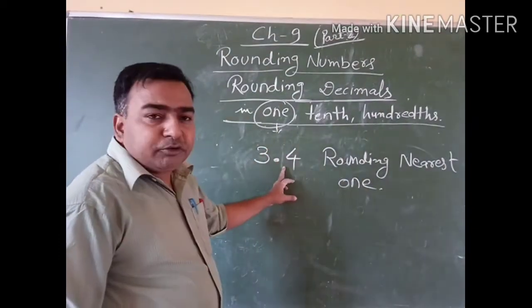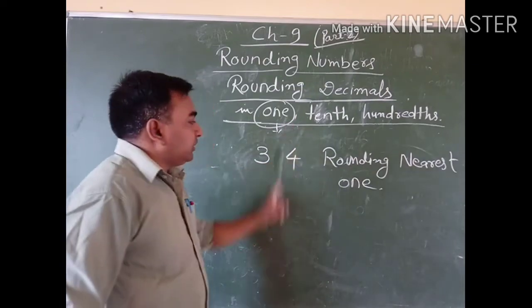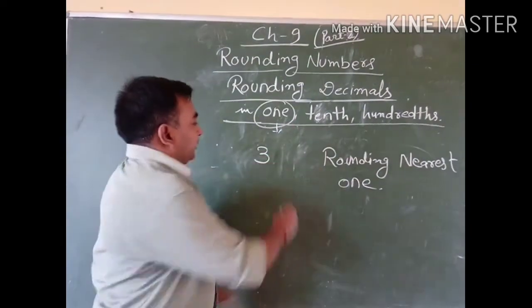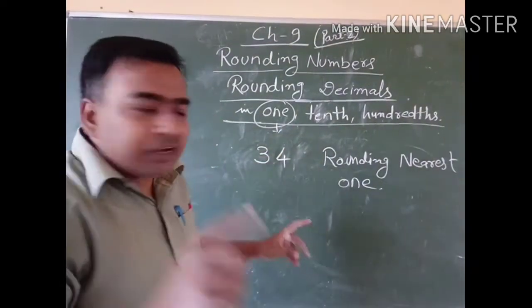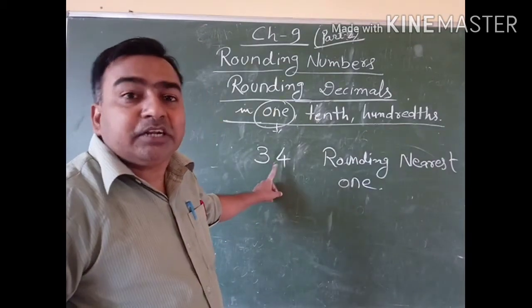Suppose that this is 34. When we delete the decimal, what is the number? 34.